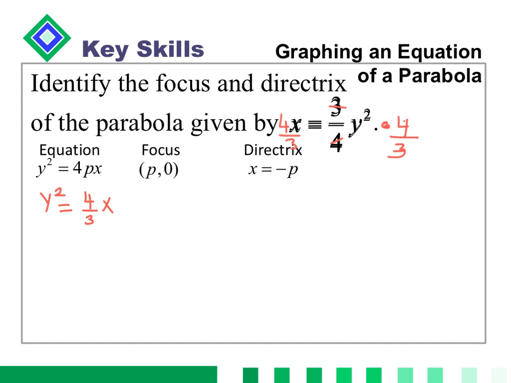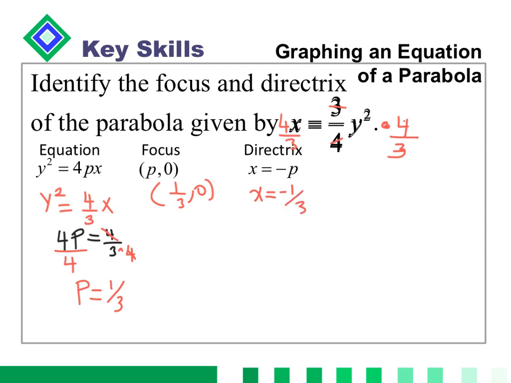So that means 4p is equal to 4/3, and then I'm going to divide by 4, so I get p is equal to 1/3, and so the focus is going to be (1/3, 0). Directrix is going to be x is equal to minus 1/3.